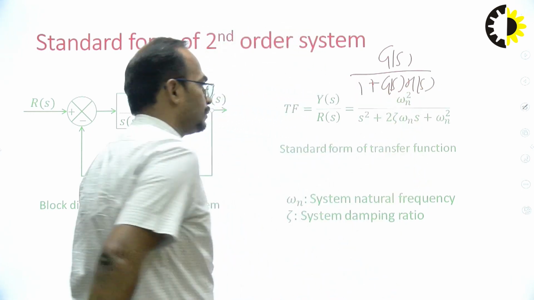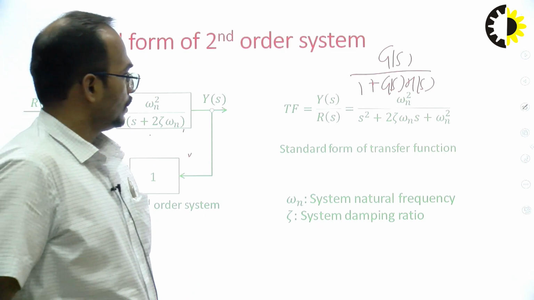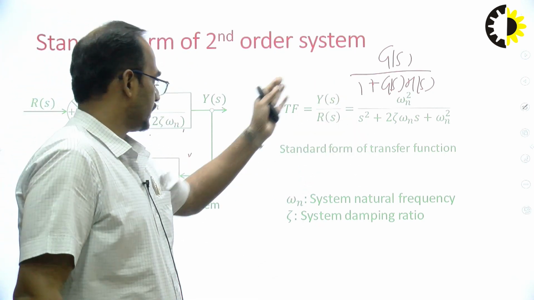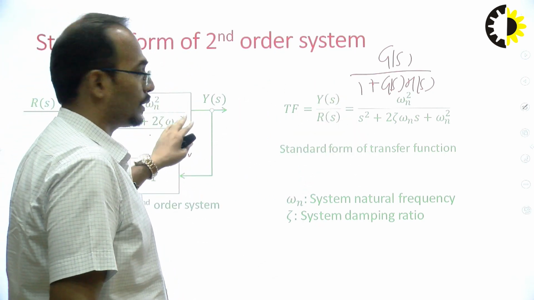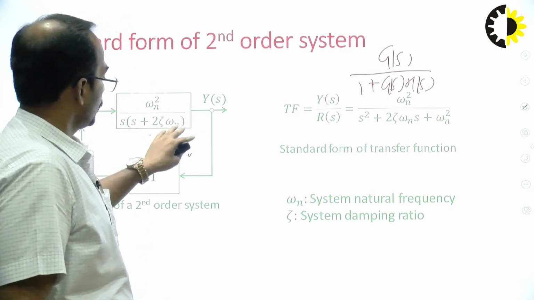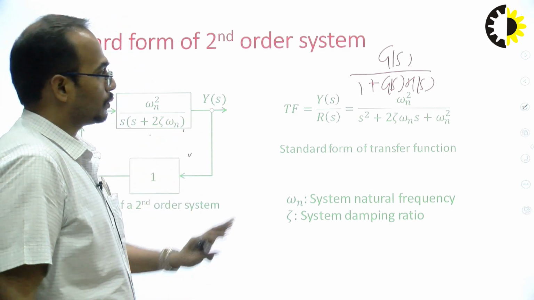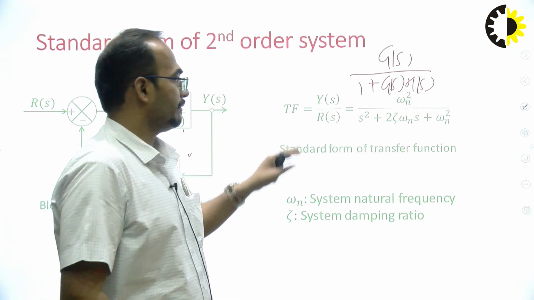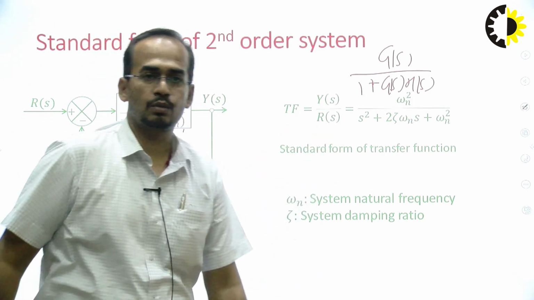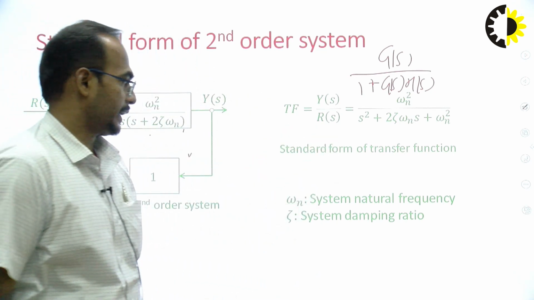Putting G(s) equal to omega n square upon s (s plus 2 zeta omega n), and H(s) equal to 1, I will get omega n square upon s square plus 2 zeta omega n s plus omega n square.